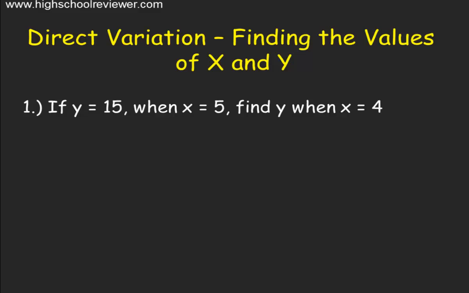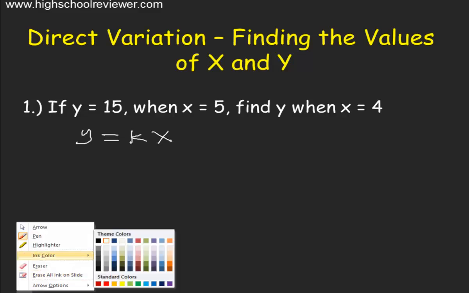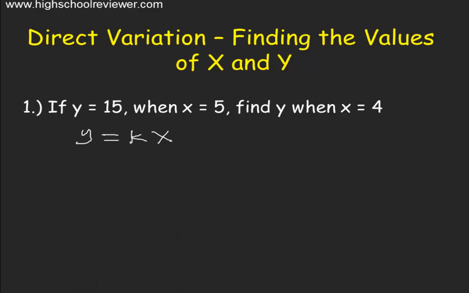The equation form of direct variation is y equals the constant of proportionality multiplied by x. We are going to find k. Our y here is 15 and our x is 5.